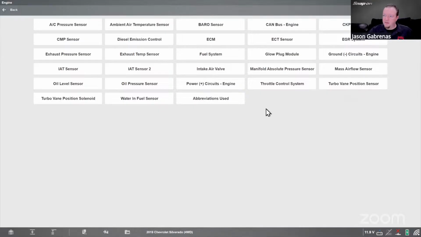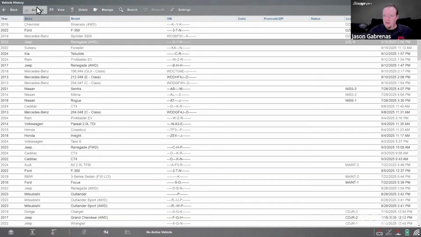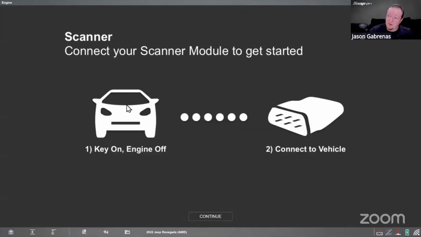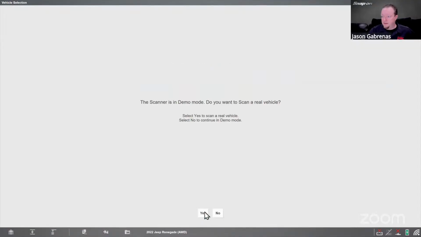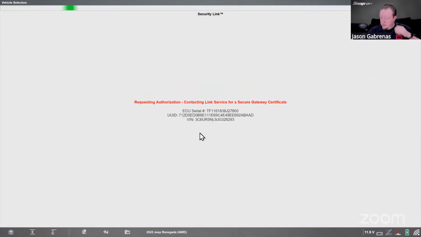Turbo vane position sensor, solenoid for that. Yeah, that looks like pretty much it there. And then we're going to go with a little itty bitty Jeep with a little itty bitty diesel engine. So it's a Jeep Renegade with a 2-liter. And that's behind security, of course.